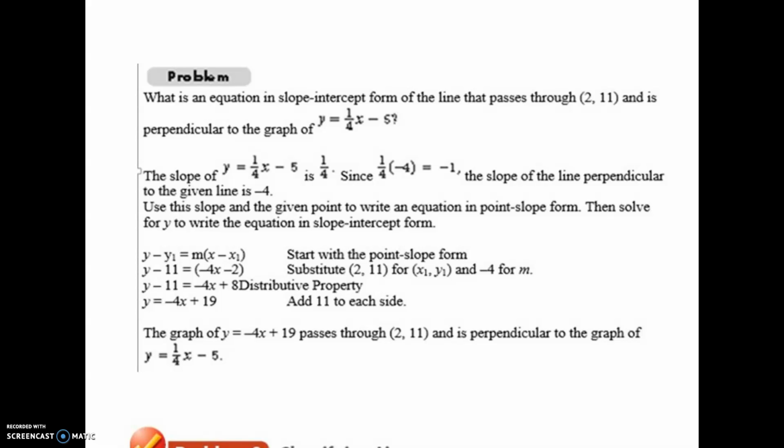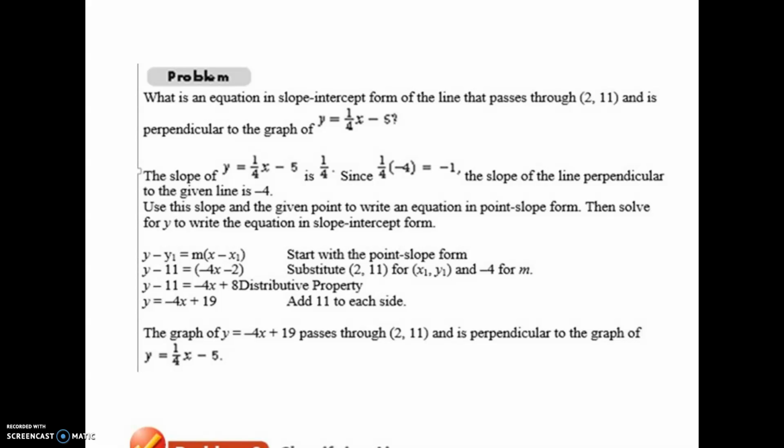So the first thing we need to do is look at the slope here and take the opposite reciprocal. So we would flip it and make it a negative. In that case, it would be -4 or -4/1, but we would just write that as -4. So -4 is going to be our opposite reciprocal slope to show that they're perpendicular.